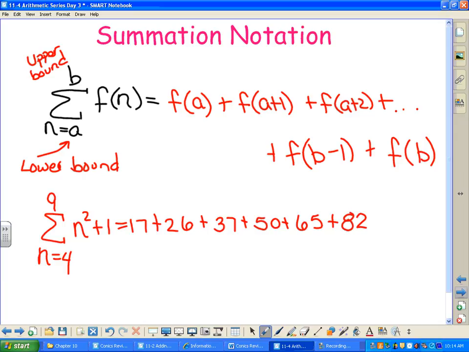Now, this thing right here is always going to be, or what we're going to do right now anyway, an explicit formula of some kind of a sequence that we've already looked at.